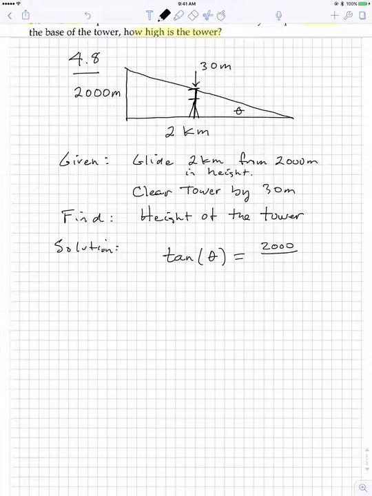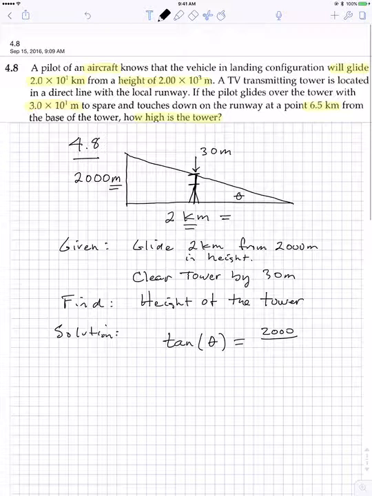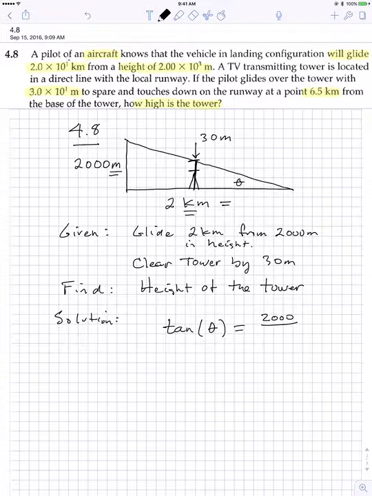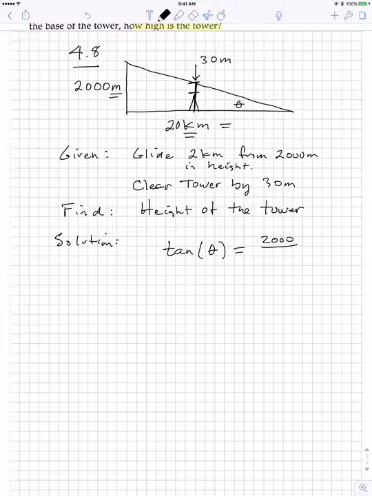All right, remember this is in meters and this is in kilometers, so we need to convert kilometers to meters. Oh, I'm sorry, I didn't notice 10 to the first. This is 20 kilometers, not 2. Okay, so 20 kilometers. We need to multiply by 1,000, and we would get 20,000.